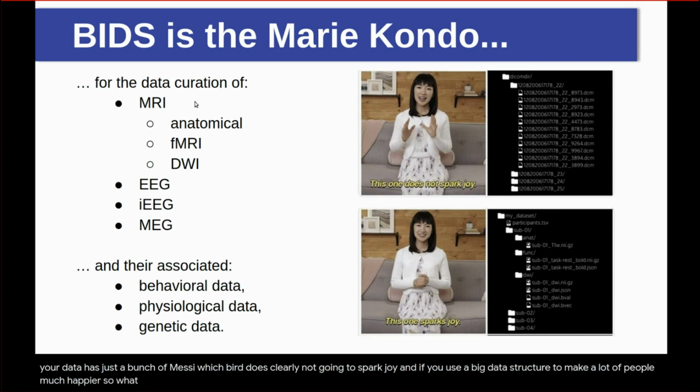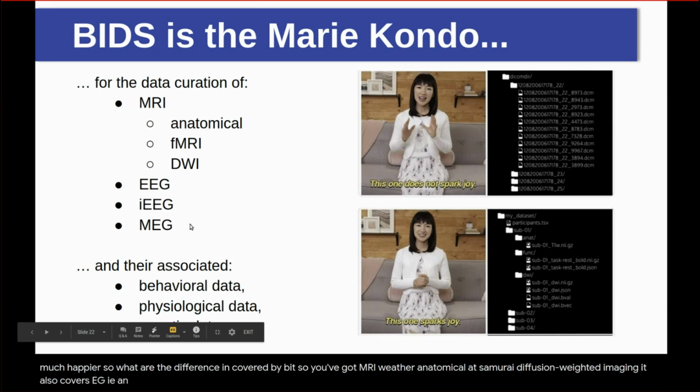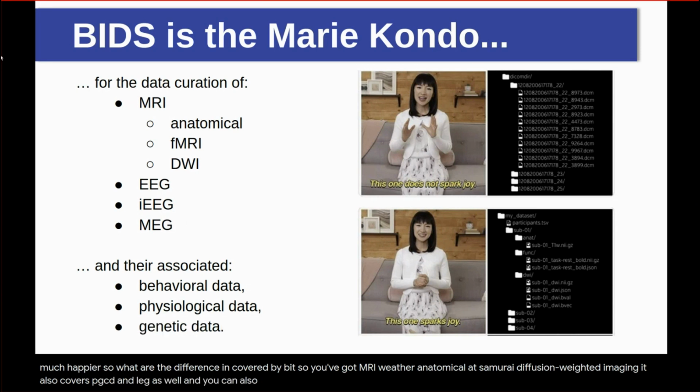So what are the different things covered by BIDS? You've got MRI, whether it's anatomical, fMRI, or diffusion weighted imaging. It also covers EEG, iEEG, and MEG as well. And you can also organize associated behavioral, physiological and genetic data that go with all of those.